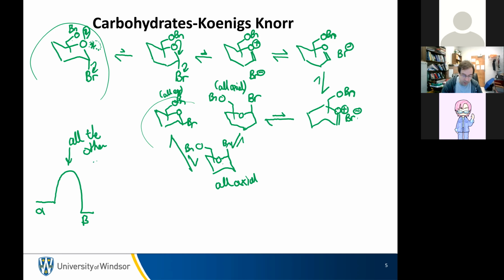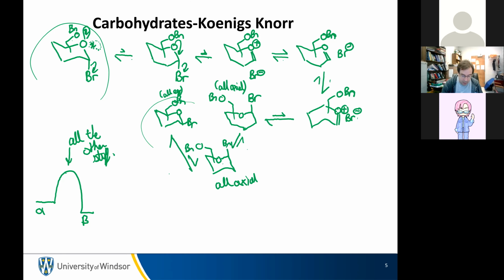Of course, it's not a single mound. I can draw individual peaks and valleys in between each of these. Each of these is an intermediate. There's a transition state between everything I've drawn here. So this mound, I've drawn a single bump, but I really should have 1, 2, 3, 4, 5, 6, 7 bumps. But I'm just going to say, hey, it's all happening in one.